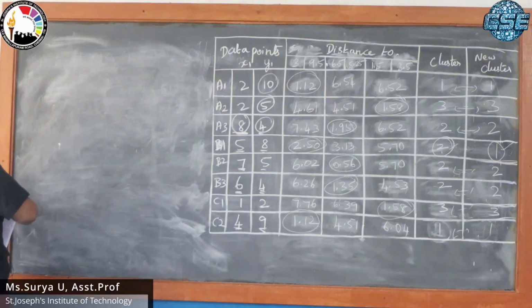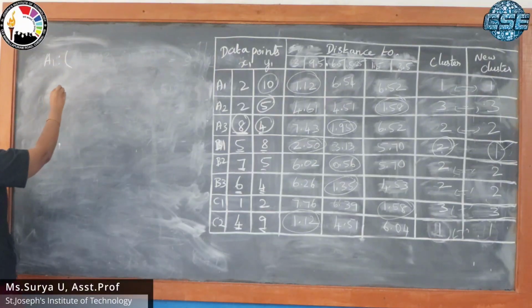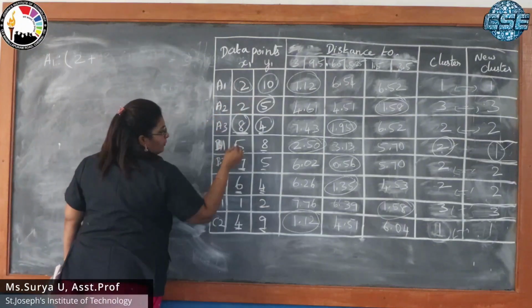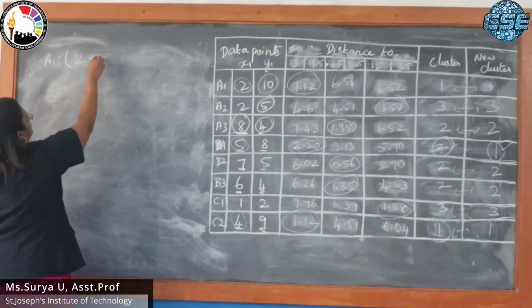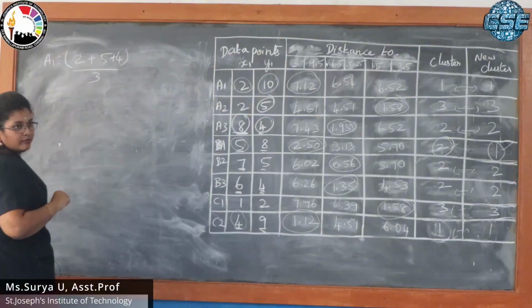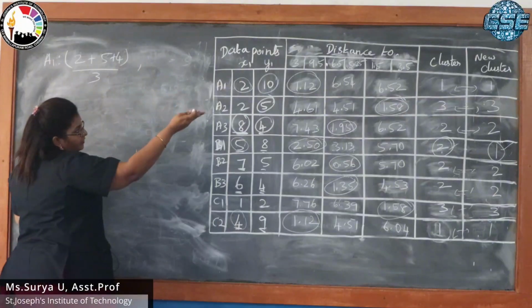So what is the first, A1? So A1 is 2 plus 5 plus 4, right? So 2 plus 5 plus 4 divided by 3, because if you are taking average it is divided by 3, comma. Now you have to take for y.